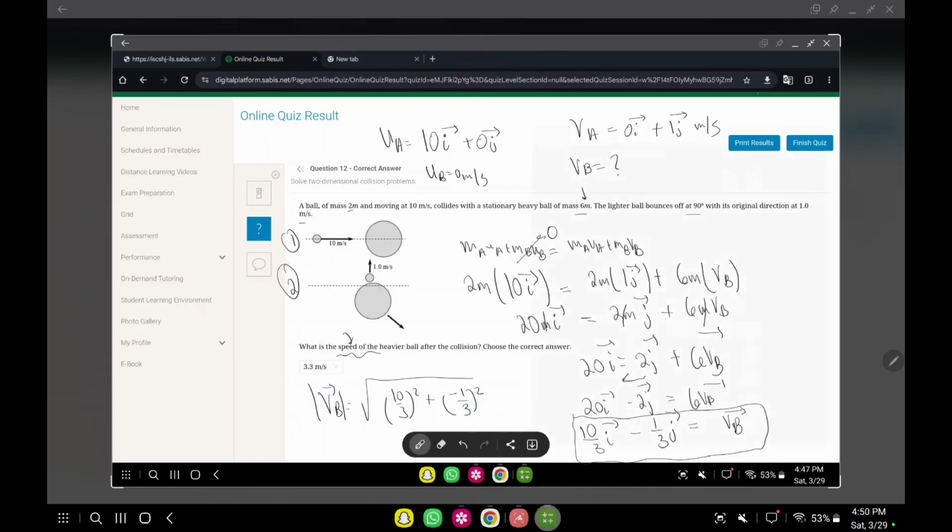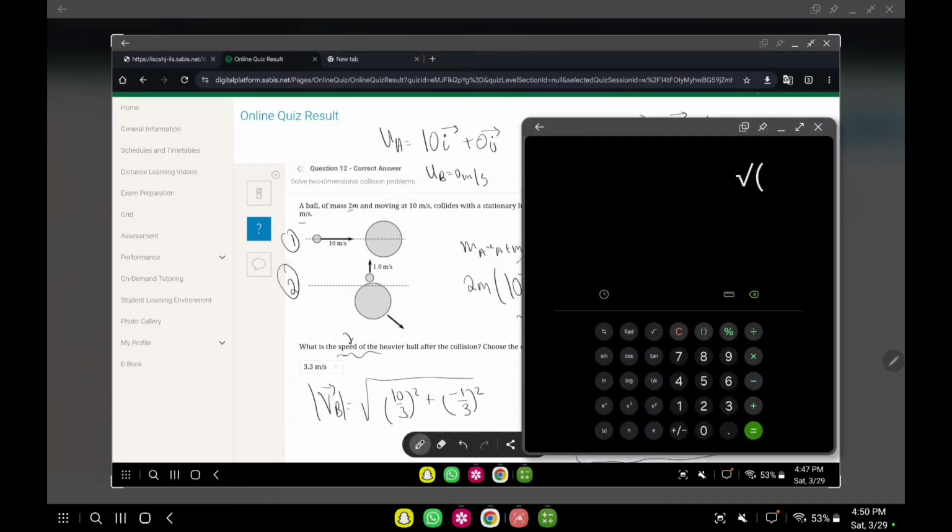Anyway, square root of (10 over 3) squared plus (1 over 3) squared, close the bracket. You get 3.3 meters per second.